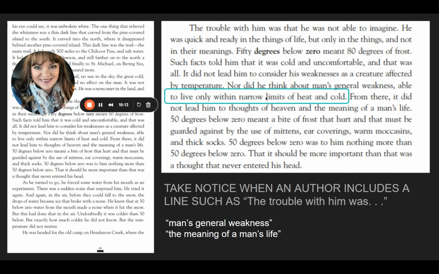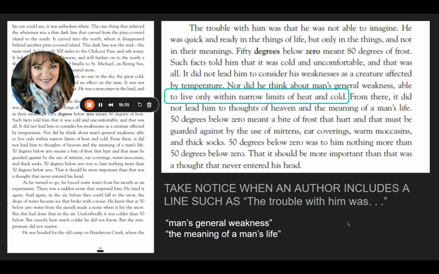We can't live outside of limitations that are scientific. Obviously we can stretch ourselves in many ways, mentally and physically, but there are certain things we just cannot physically do as human beings. And one of those is extreme heat and extreme cold.